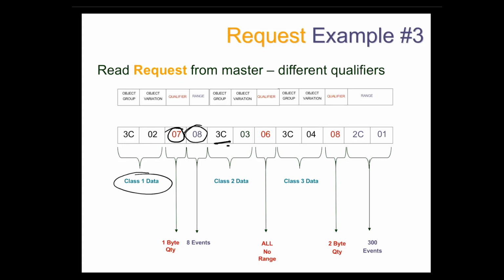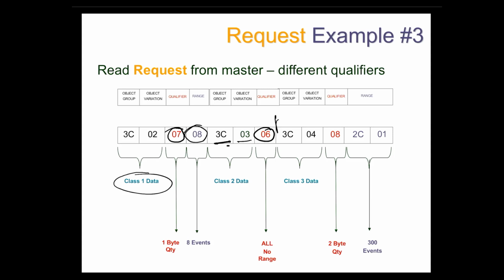Then we go to 3C, which we know is 60, a variation 3, class 2 data, and here's another 06, which is no range field. So there's going to be no range field here, and we're going to go directly into the next qualifier, 3C, 04. You can always slow down this video and review your table if you want.